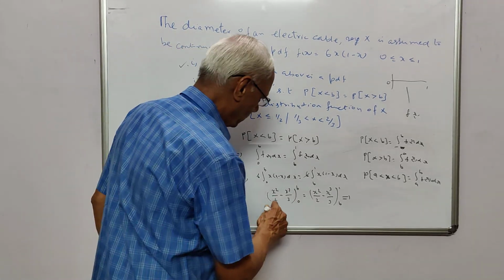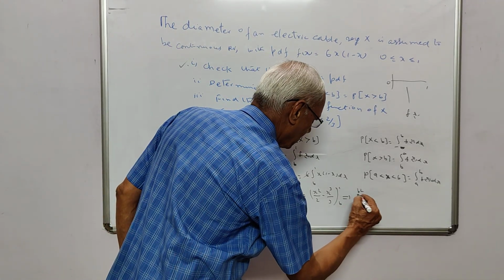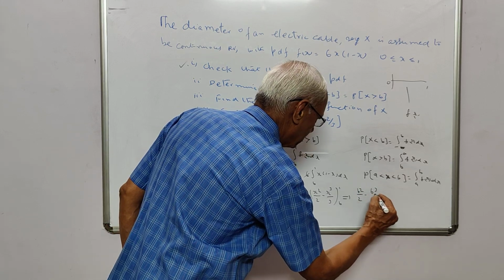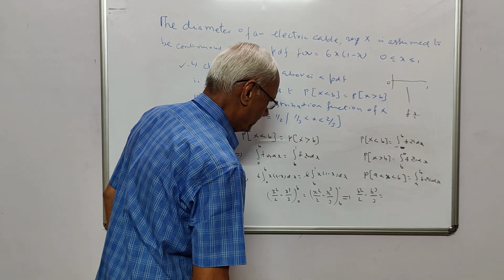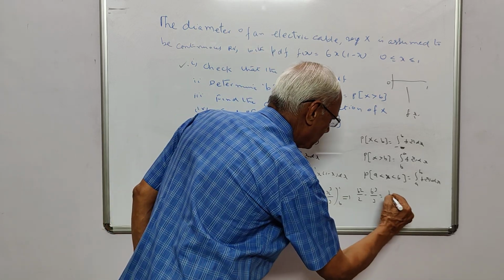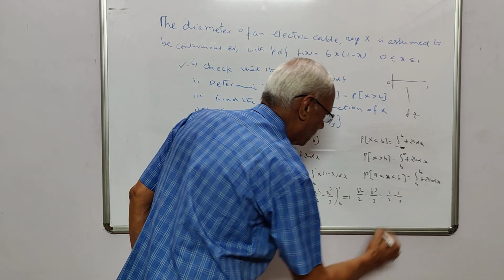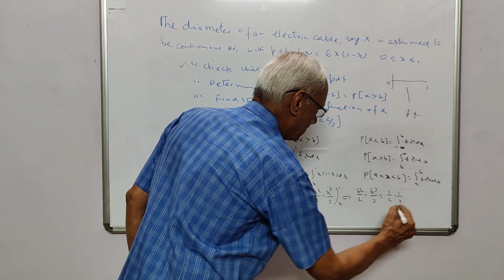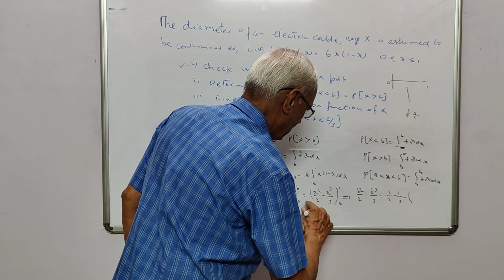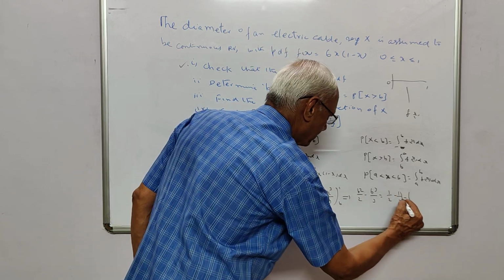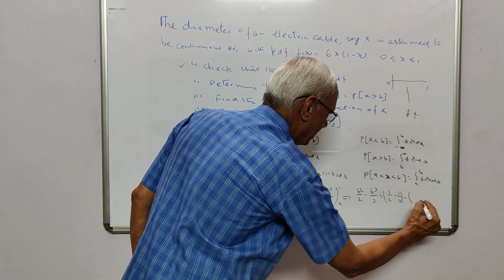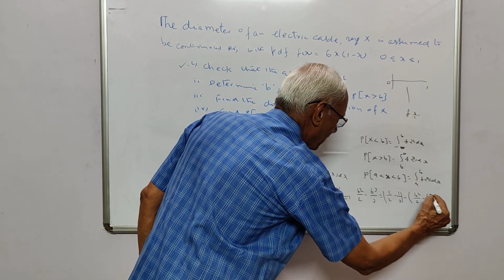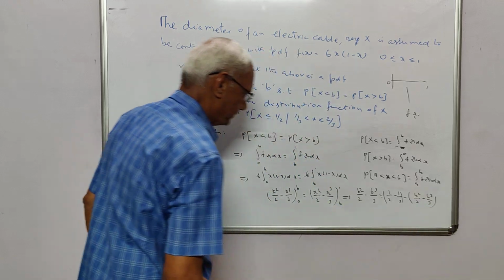This implies b squared by 2 minus b cubed by 3. If you apply the limit, it is 1 by 2 minus 1 by 3, minus b squared by 2 minus b cubed by 3.